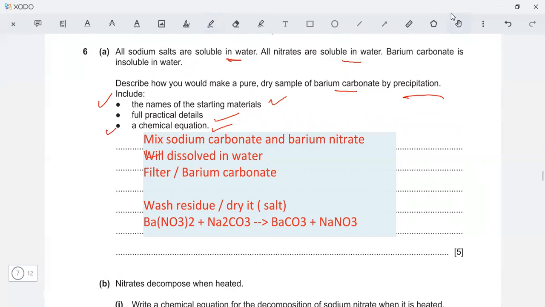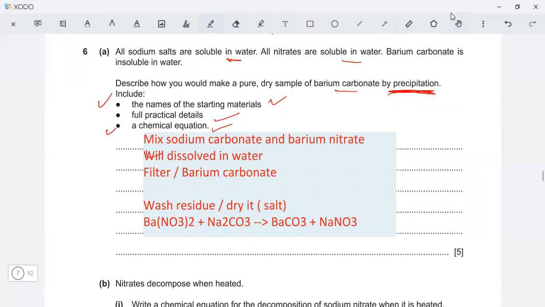Make sure that this is going to be a plan and investigation type of question. Here it is mentioned that you demonstrate the activity, but here you just need to write the starting materials, and then the full practical details.